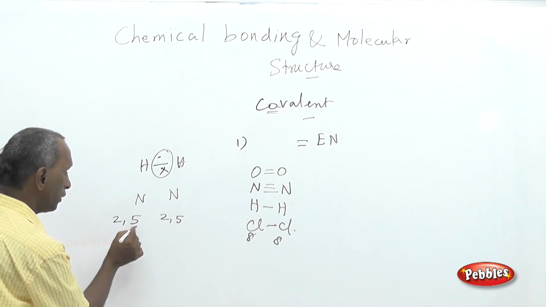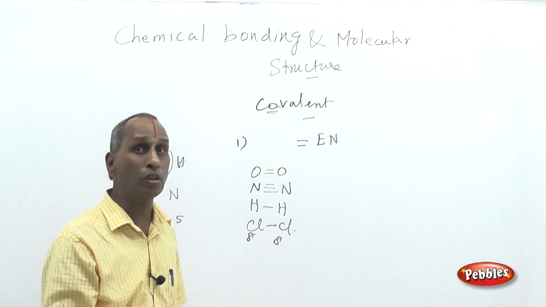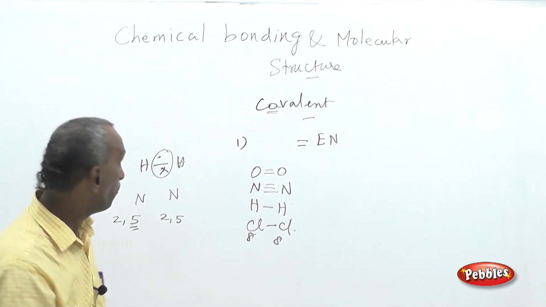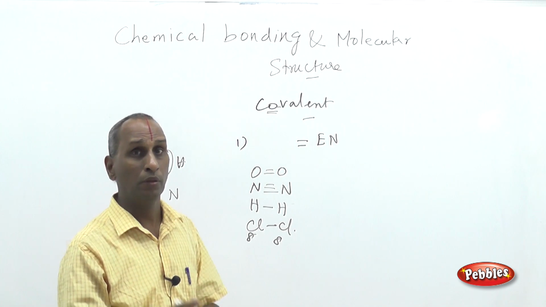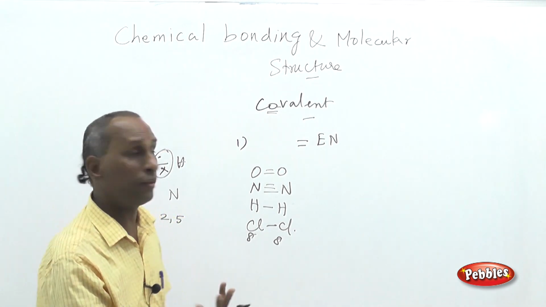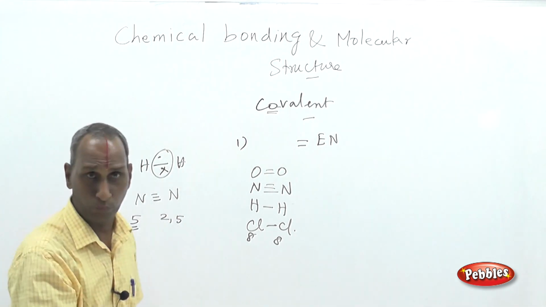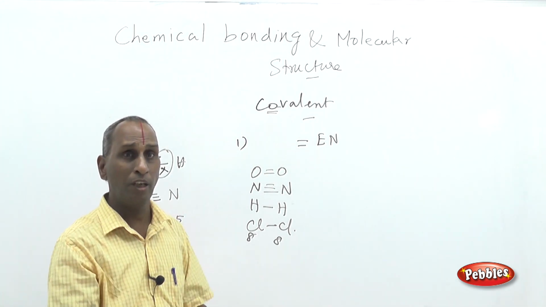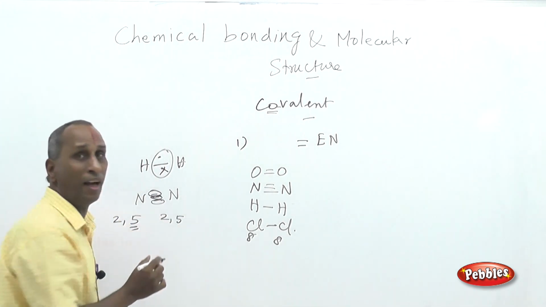In order to attain the electron octet configuration, it has to acquire 3 electrons. But both the nitrogen atoms require 3 electrons, so neither of them can give 3 electrons to the other. That is not possible. So 3 electron pairs come at the center, each pair shared between them.